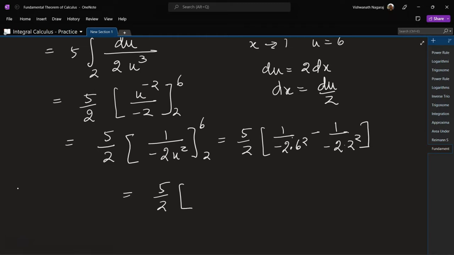Which becomes 5 by 2 times, 36 times 2 is 72, so minus 1 by 72 plus 1 by 8.